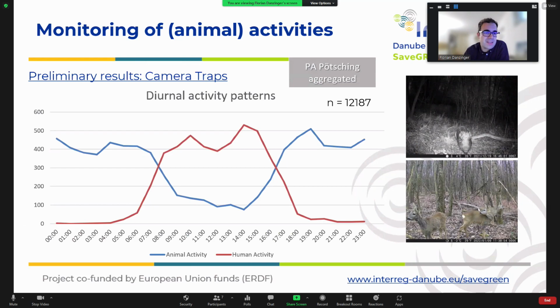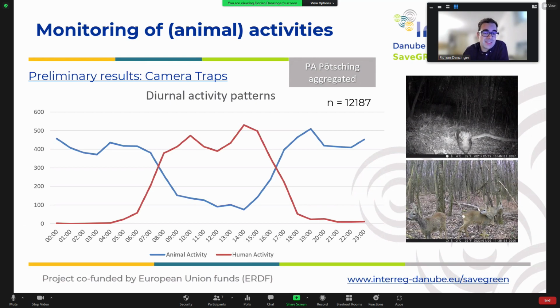What is more interesting, and I think helpful for the analysis of the corridors, is, for example, the activity patterns of our animals, but also the humans. And here you can see all the 12,000 data records and the peaks in human activity in the morning, and then again in the afternoon, so maybe the rush hour.